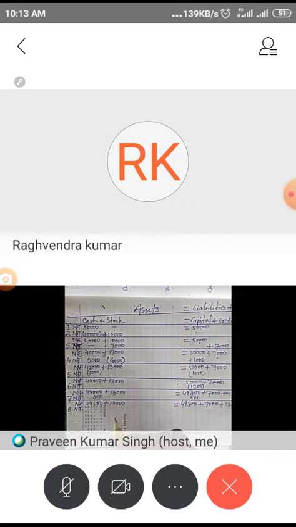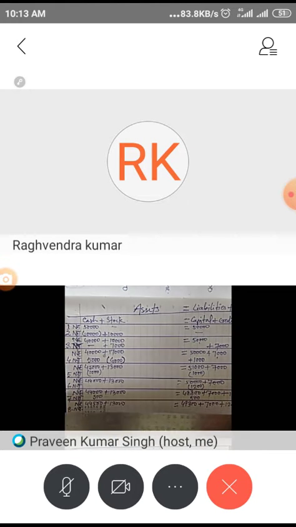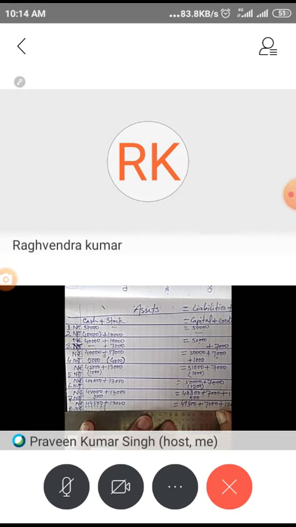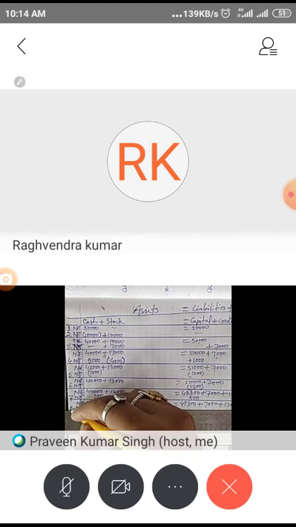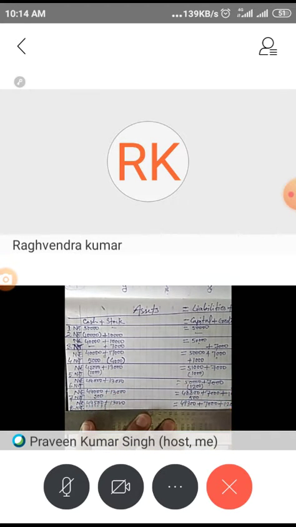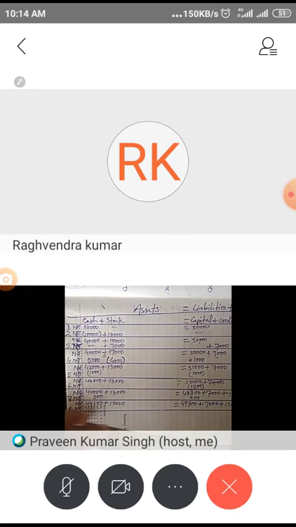Next problem is interest charge on capital. Interest charge on capital will have the same effect in the capital account only.